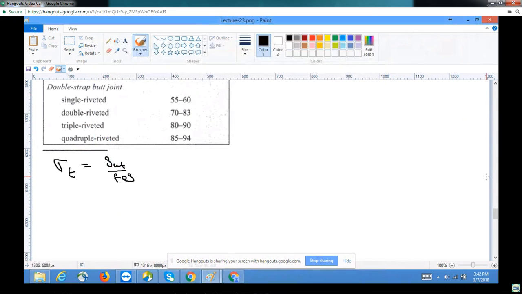The boiler grade materials are ST37BR, whose SUT is given somewhere between 360 to 400 Newton per mm square, sometimes up to 440 Newton per mm square.